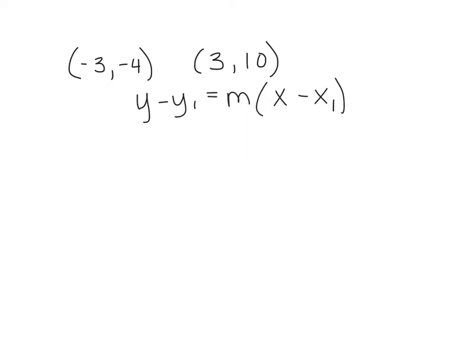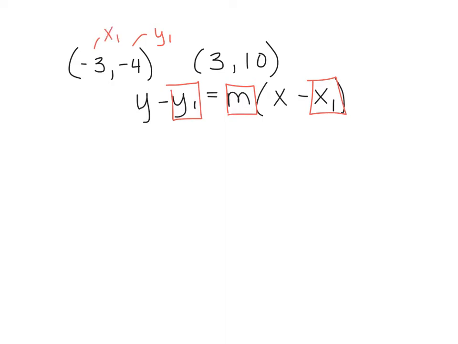So what we're going to do is we're first going to find the slope, which is the m. Then we're going to substitute in the value for y1, which is this number, and then the value for x1, which is this number.